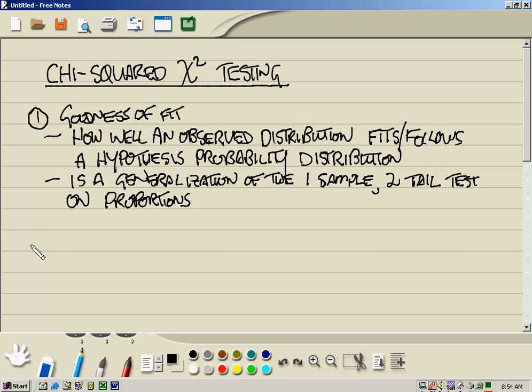In such a test we had, and we didn't look at it that closely, two categories, heads and tails. And we might want to know if the probability of getting a head is a half, but we could have looked at it in terms of the complement. Is the probability of a tail also a half? So we had two categories in such a simple test. In a goodness of fit, we can have as many categories as we need, more than two. We don't need to go with some event and its complement.